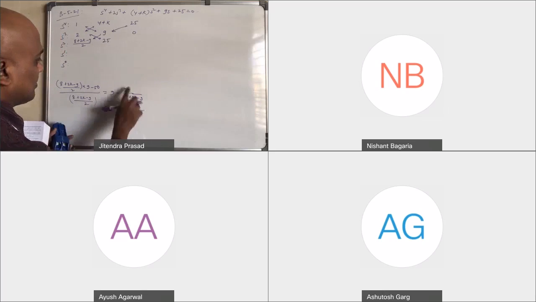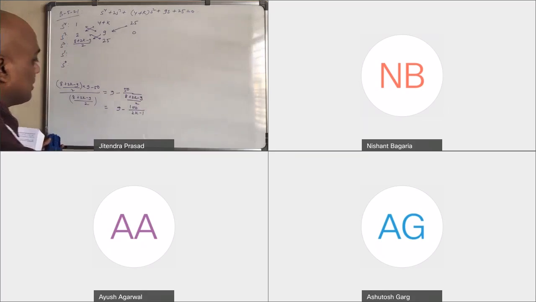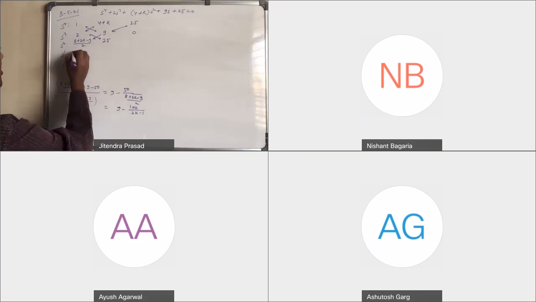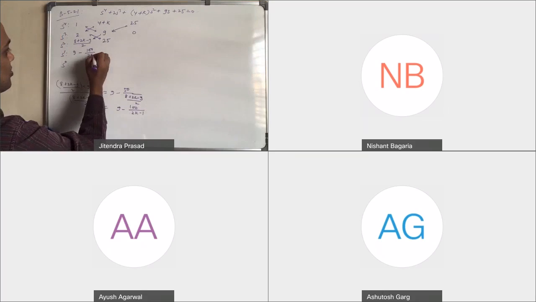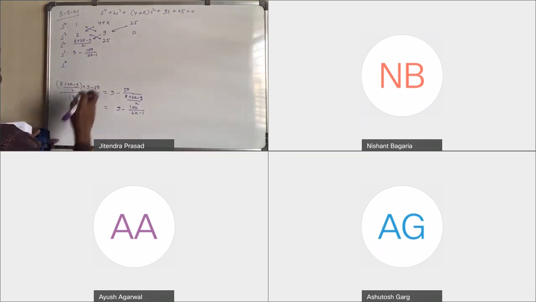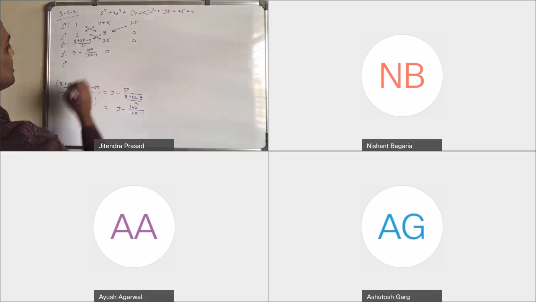So 100 and 2k minus, this is 9, so 2k minus 1. So this is what the value is. Okay, so we put the value here, 9 minus 100 divided by 2k minus 1. Okay, here 0 and 0, so this will be 0.